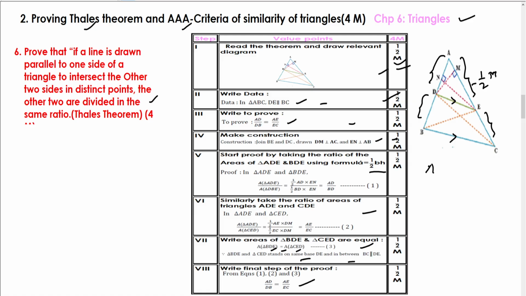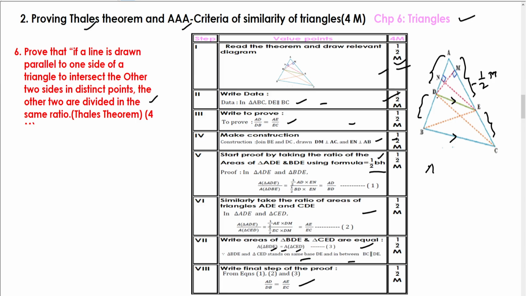Start the proof by taking the ratio of areas of triangles. Observe ADE and BDE. You know that the area of a triangle is given by 1/2 base into height. First of all, the area of triangle ADE is 1/2 into base AD and height EN, so 1/2 AD into EN.